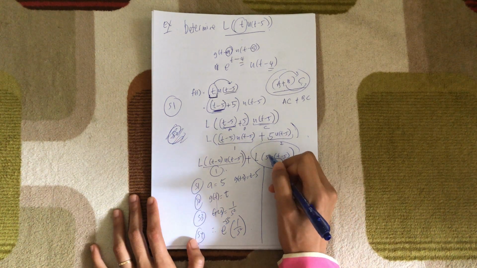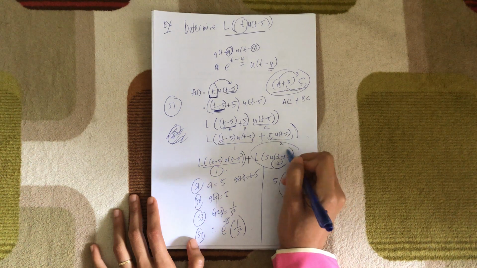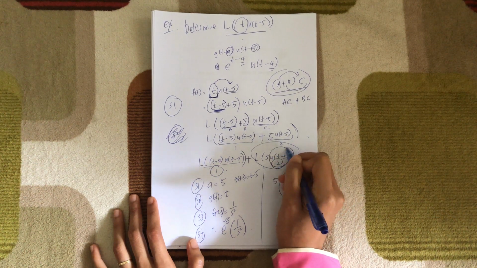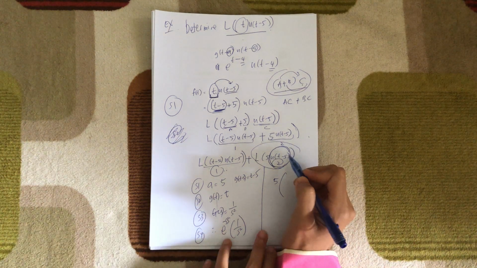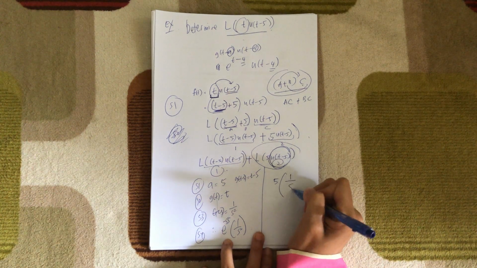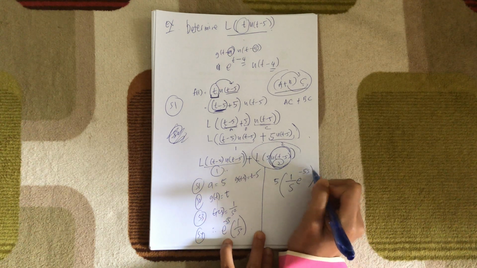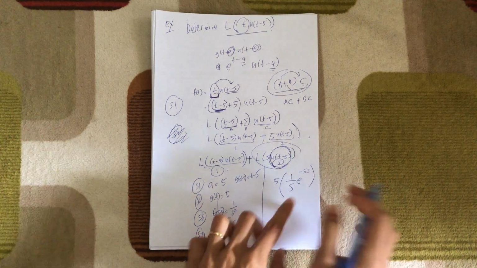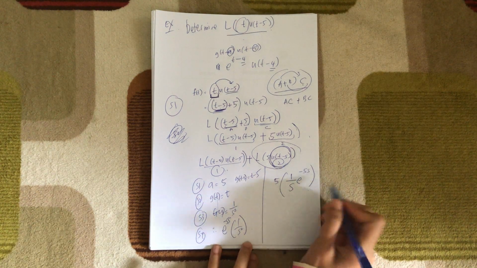So the answer, this one is 5, so it's constant. So you can see this one. Okay, saya tengok kat mana. Okay, this one the answer is 1 over s e power of negative 5s. So this one you can get from the first video in unit step function. Alright, so this is the answer.